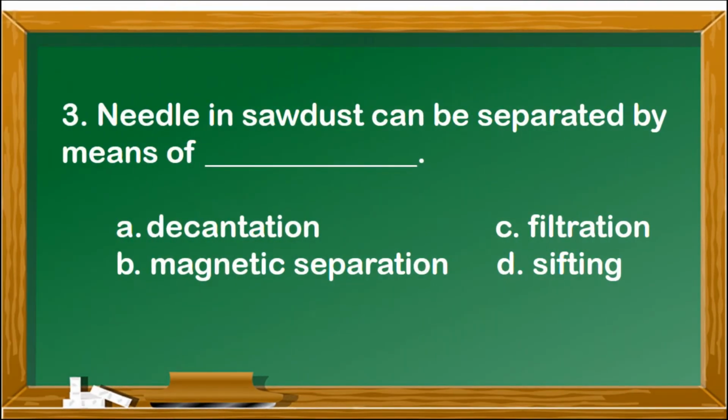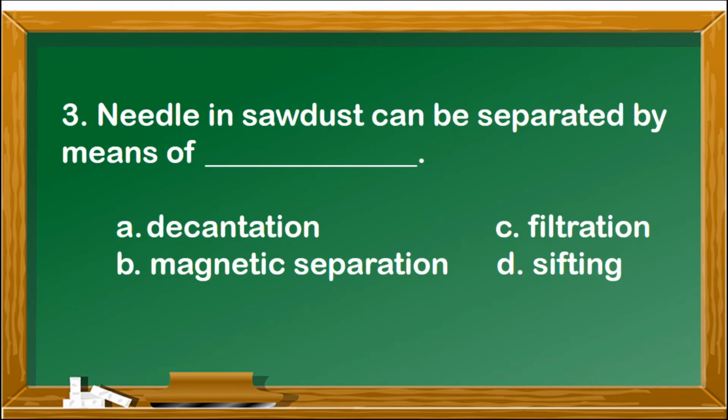Next, number 3. Needle in sawdust can be separated by means of blank. Okay. Kanang mga dust gani nga kanang naa ka sa kanang mga karpintero, di ba? Magabas man na sila og kahoy.